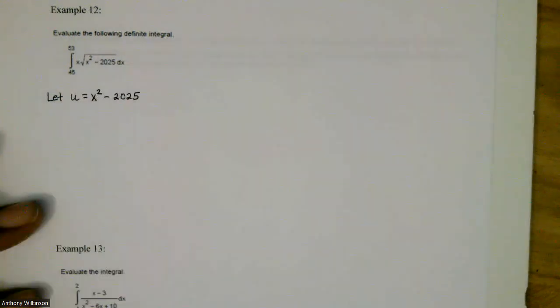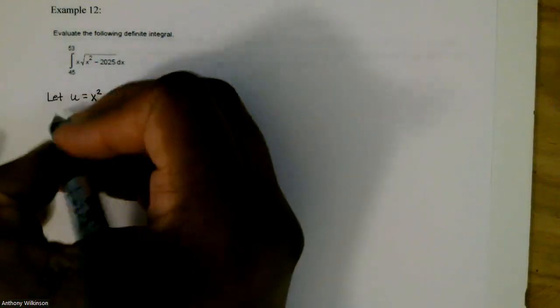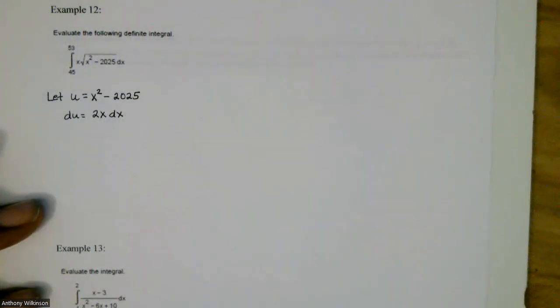If I let u equal what's underneath that radical, just x squared minus 2025, I'm just letting u be what's underneath the radical. So u will be equal to x squared minus 2025. That would mean du will have to be equal to just 2x dx. The derivative of x squared is 2x. The derivative of negative 2025 will be 0.